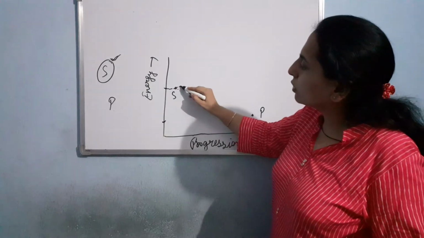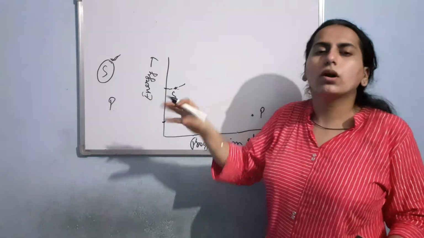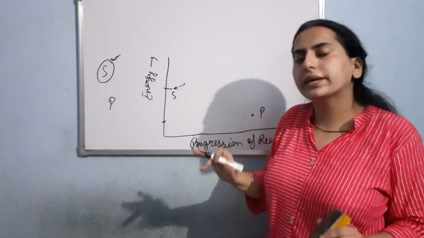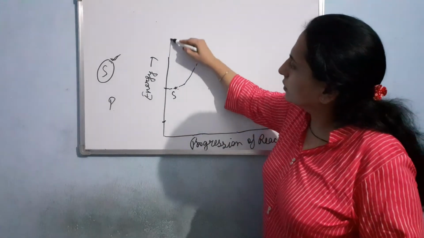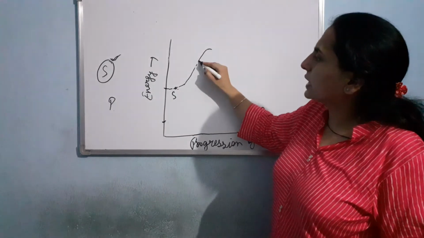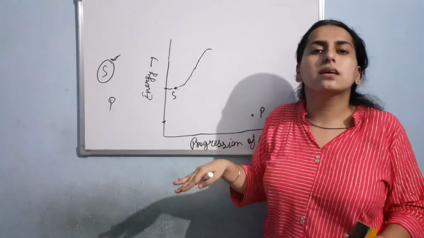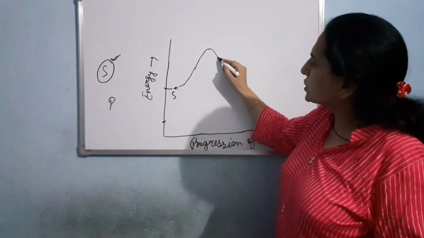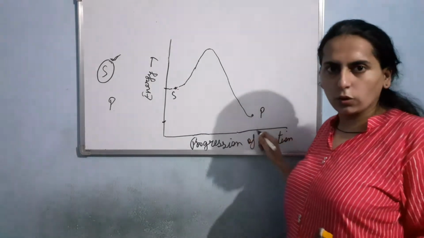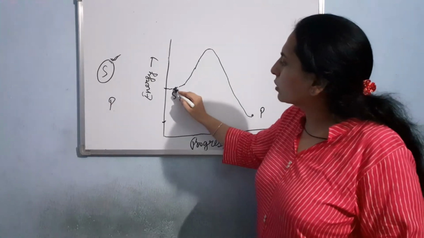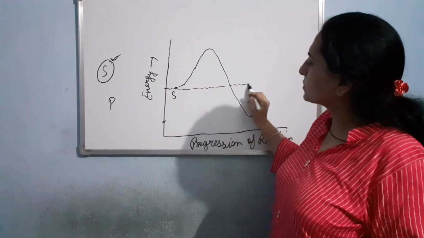So first of all, it will gain energy by somewhat means, by heat or by anything. It will gain energy. It will make the transitional states that are unstable, and then it will change into product. Like this it is going on. Is it fine? So if I talk about, this was the energy of the substrate.